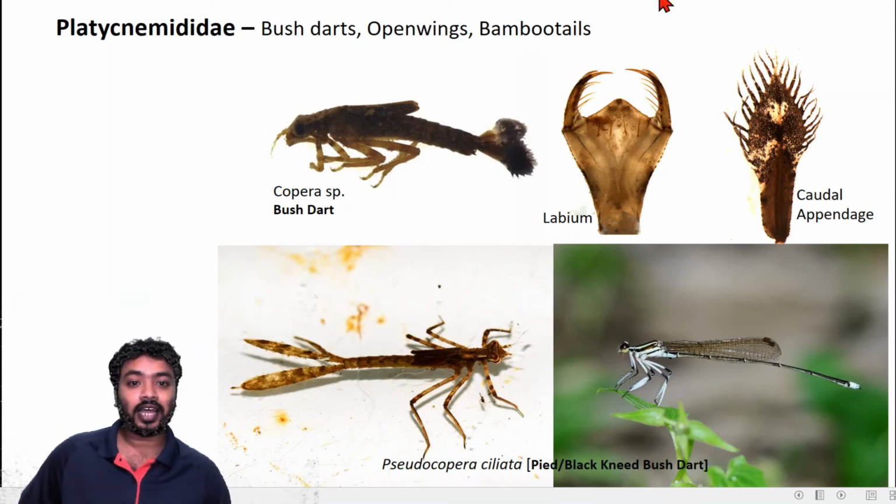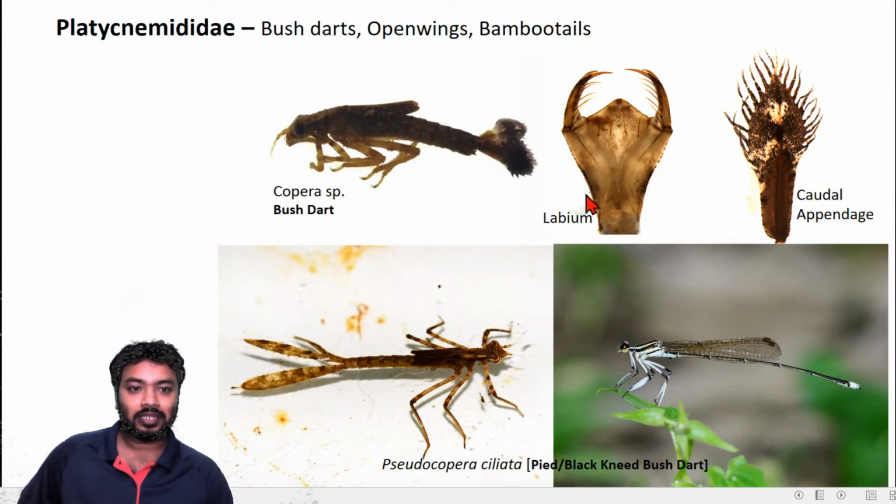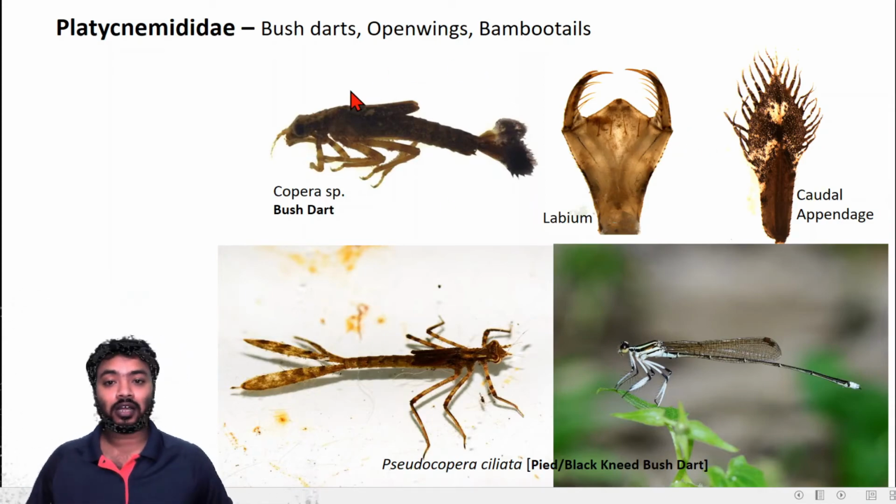But other characters are also there, like the labium. So there are four premental setae and a number of palpal setae. Those are also important. But the general appearance is much darker.